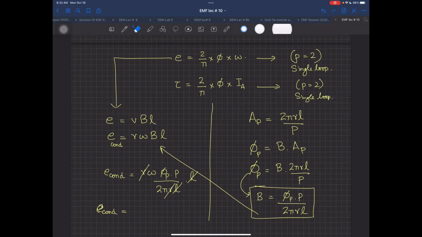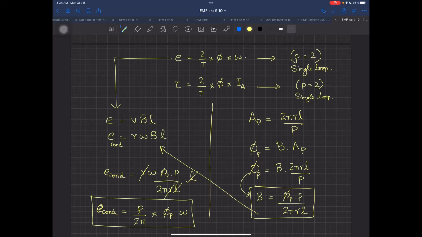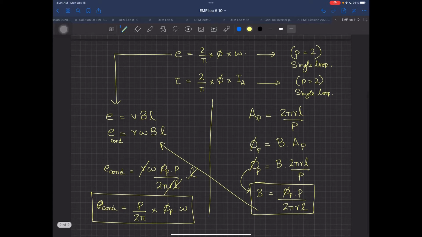So I have P divided by 2 pi into phi p into omega. I've done some mistake over here. Why do I have a different formula?